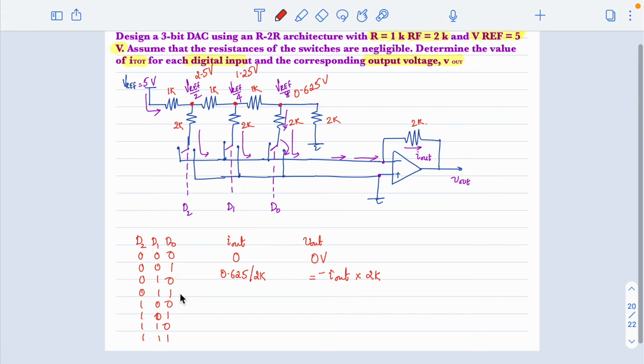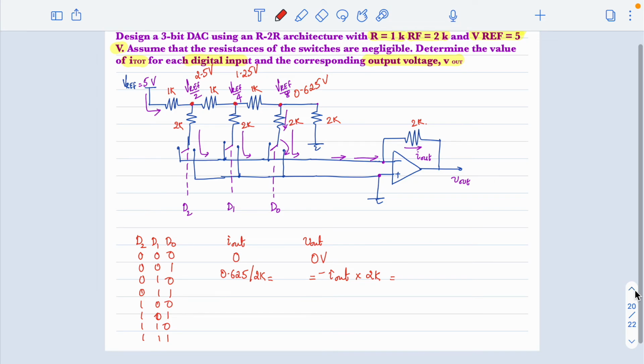So what is the current for 0.625 by 2K? Can I get these values, the output voltage values? Are you guys solving? Let me know the value.